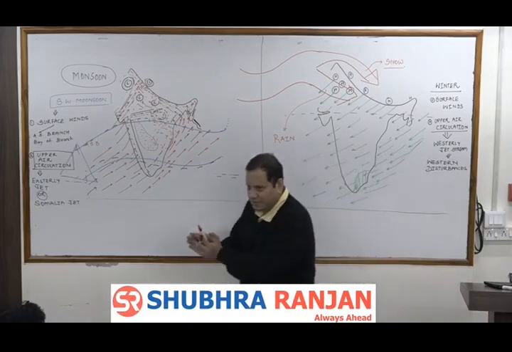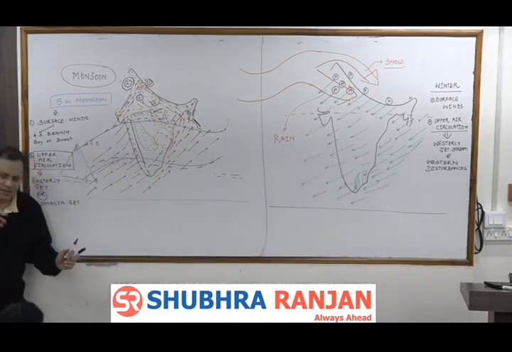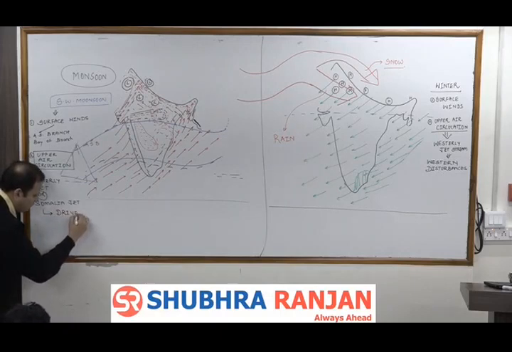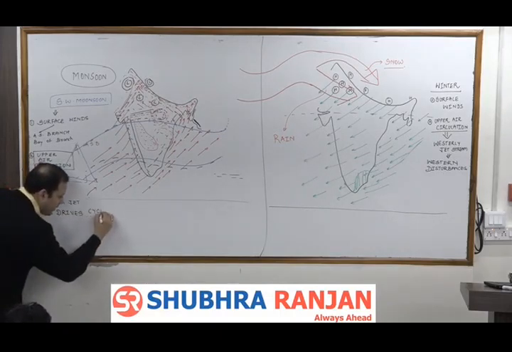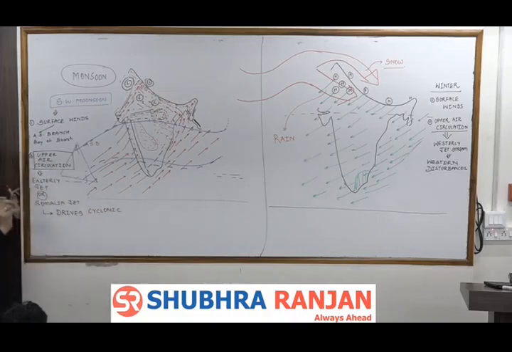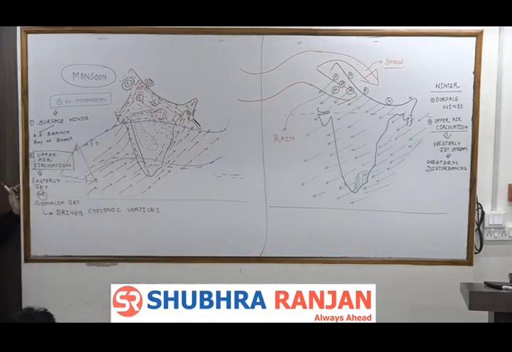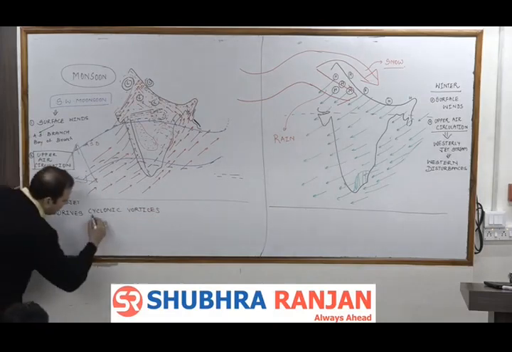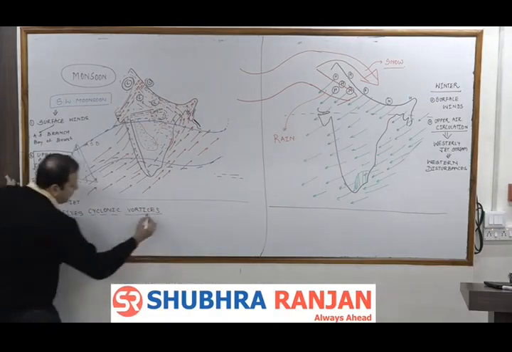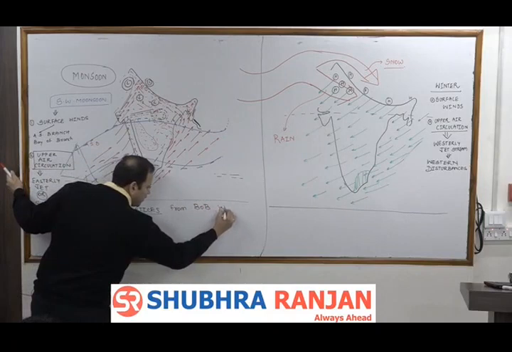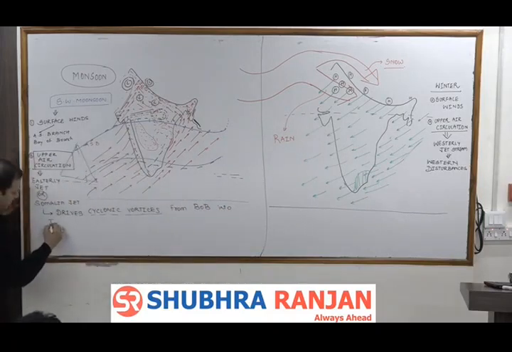It will divert the wind. उसी को 11th standard Indian Geography NCERT ने थोड़ा tough language में दिया है, that it drives cyclonic, not cyclone, cyclonic मतलब low pressure. We have done the chart. Vortices, low pressure centers मतलब बारिश के centers. Cyclonic vortices from Bay of Bengal into India.